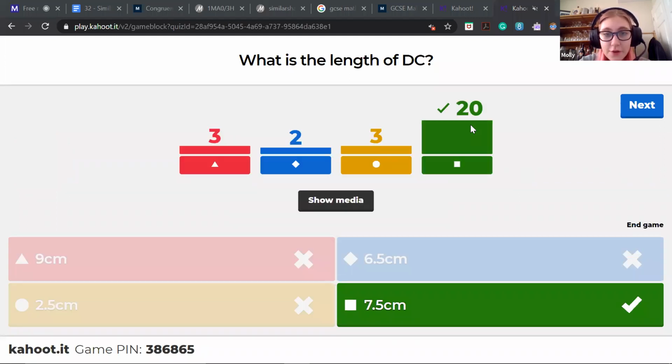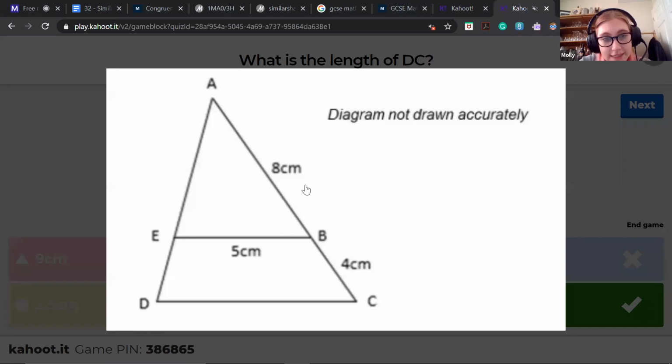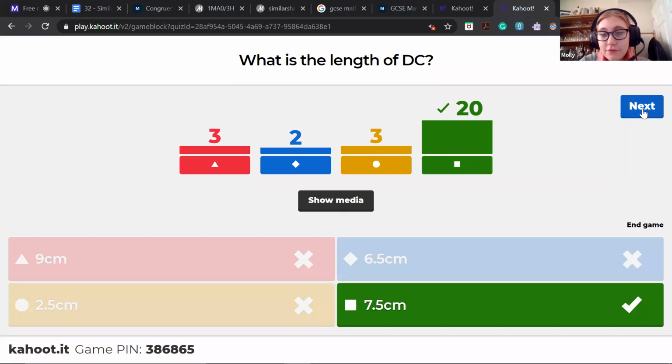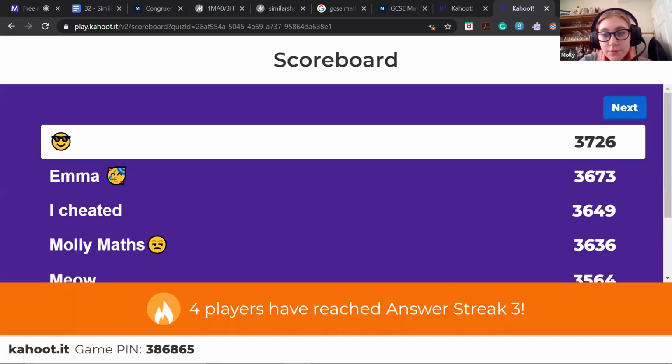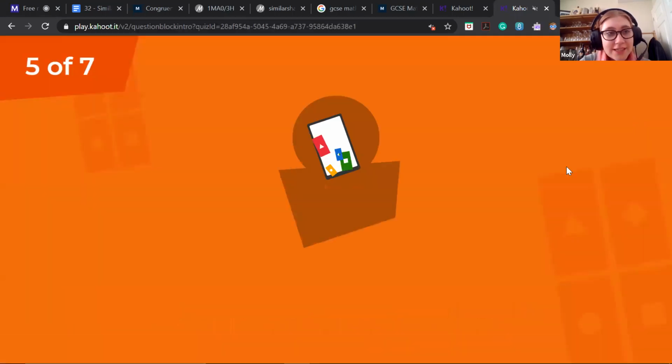Perfect. Loads and loads of you got that. So for those who didn't, the reason is because this is 8, so AB is 8 and AC is 12. So that's a scale factor of 1.5. So we just times 5 by 1.5 and we get our 7.5.